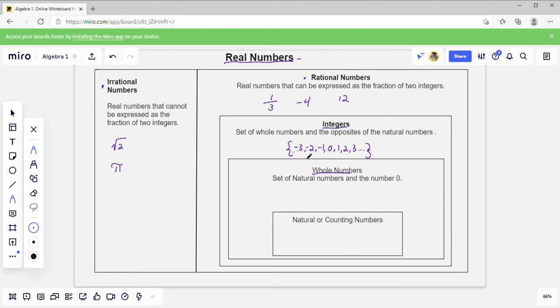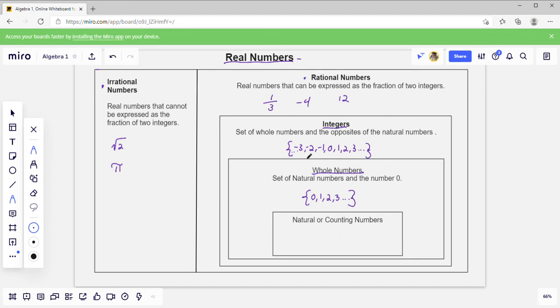Next, included within the set of integers is our set of whole numbers. The whole numbers are the natural numbers and 0. So that's going to be 0, 1, 2, 3, and then on forever that way.